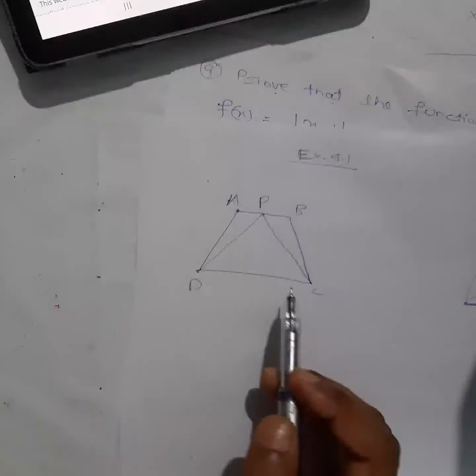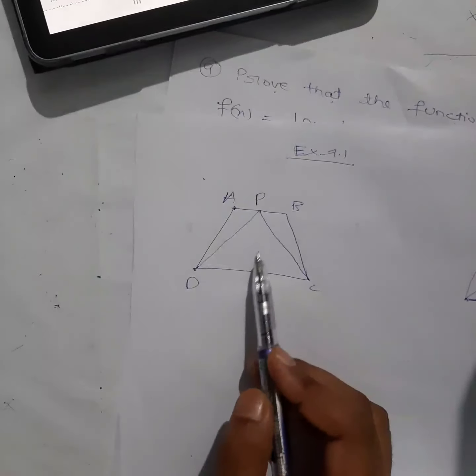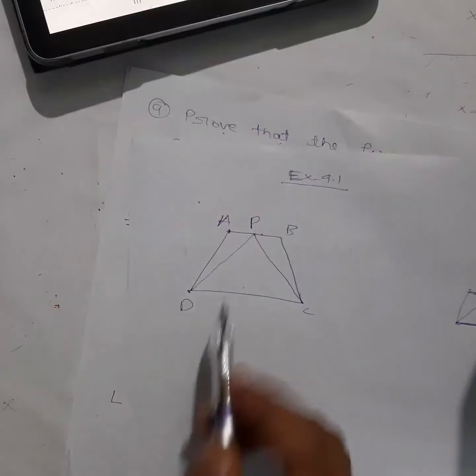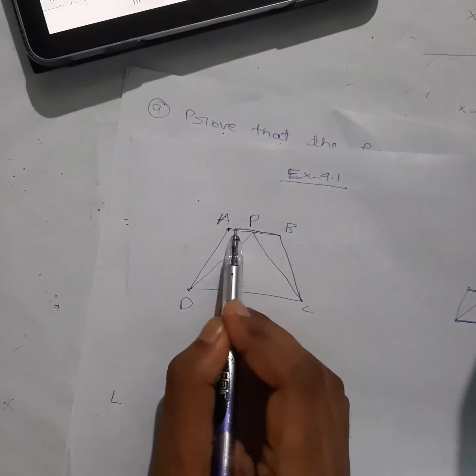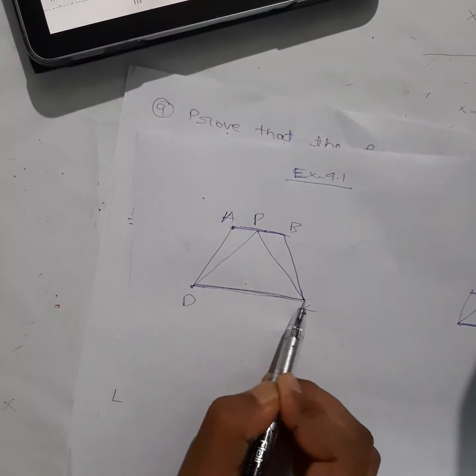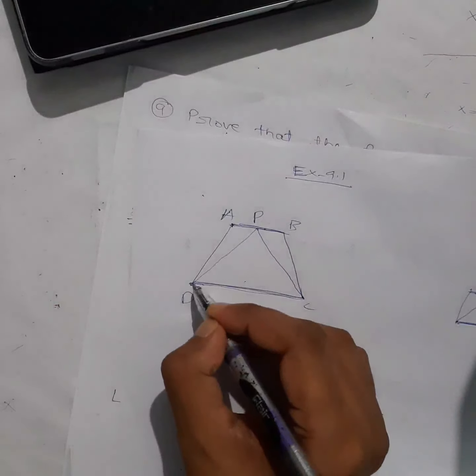Now you have to find out from this figure whether it is lying on the same base and same parallel line or not. See here, they have given AB is parallel to CD, right? First find out the figures.